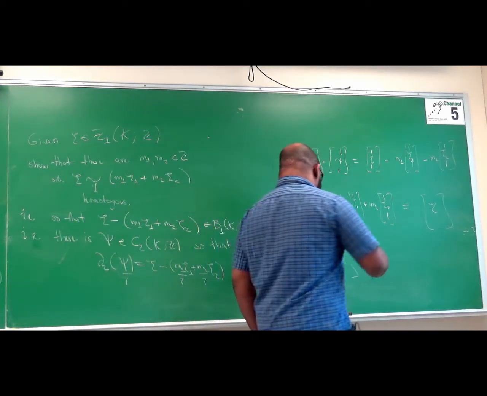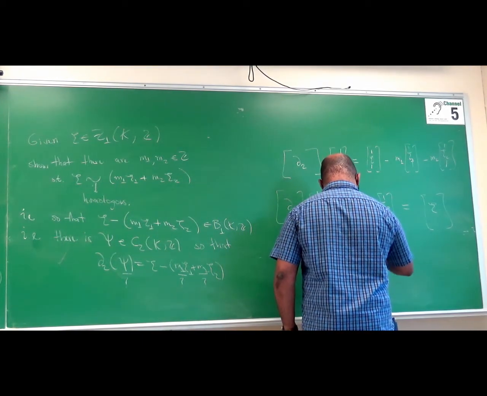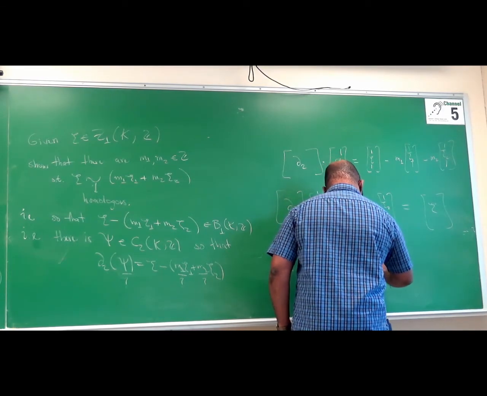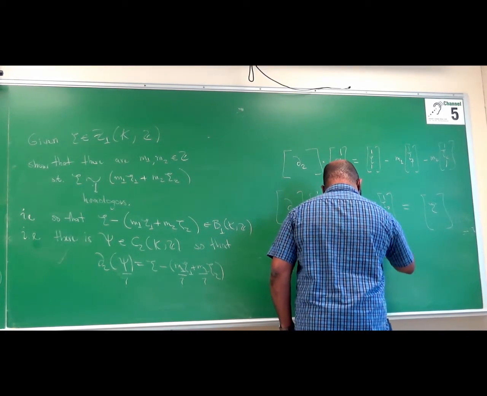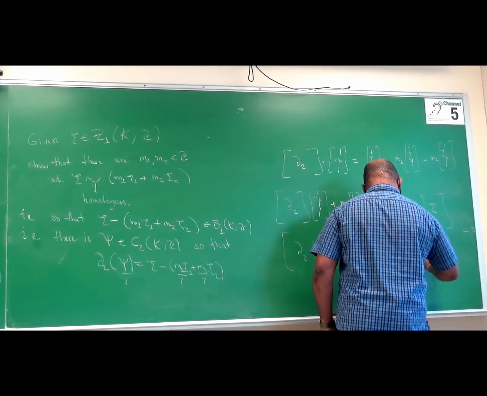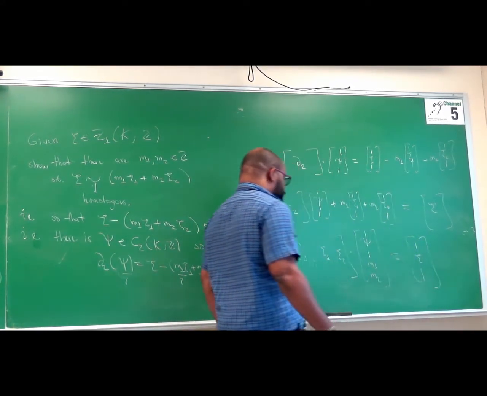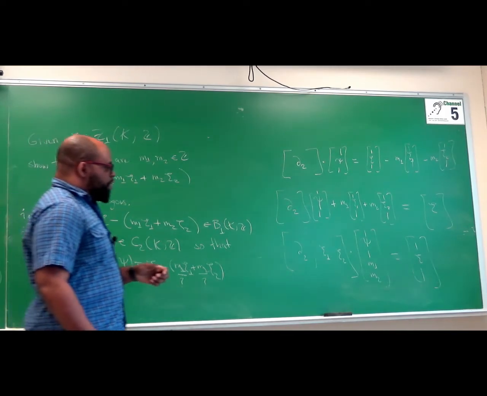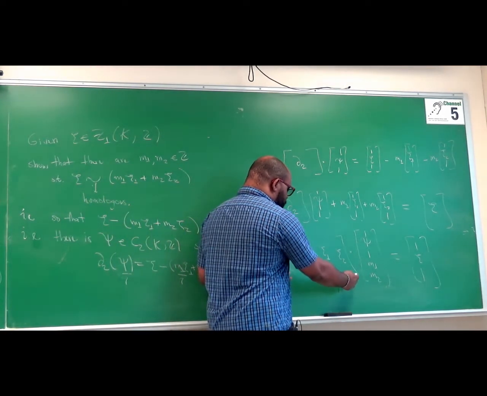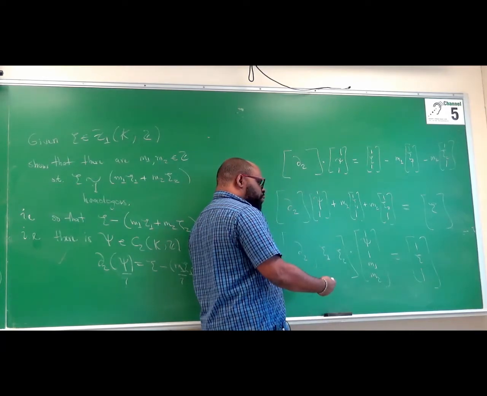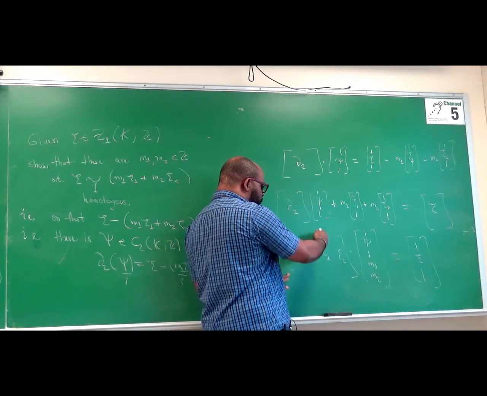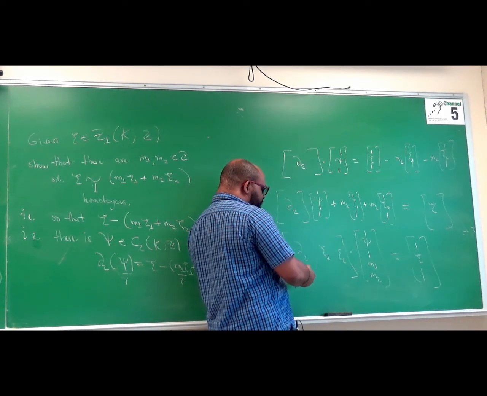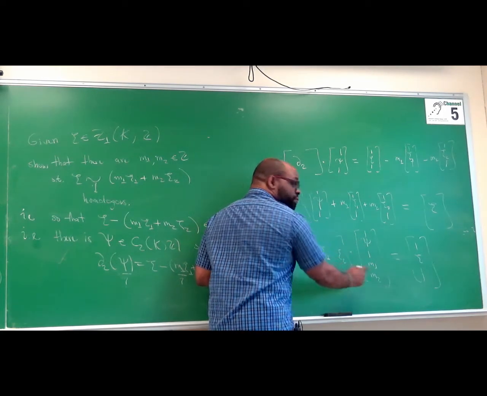And then multiply that by psi followed by m1, m2, and that has to be equal to zeta. Right? Isn't that how matrix multiplication works? When you multiply a matrix by a vector like this, you're taking a linear combination of the columns, and the coefficients in the linear combination are the entries of the vector.